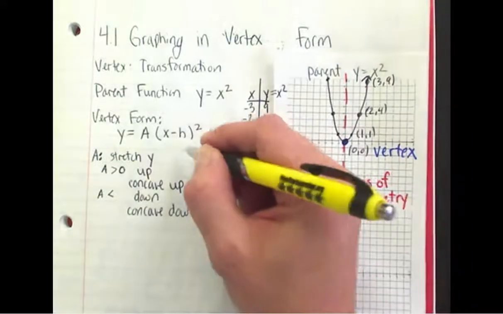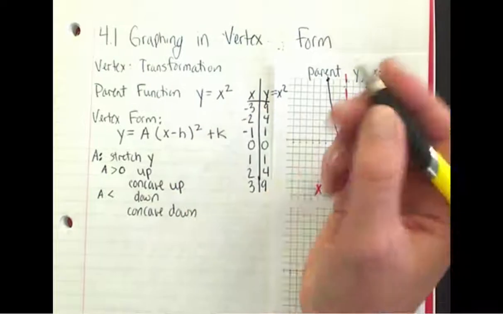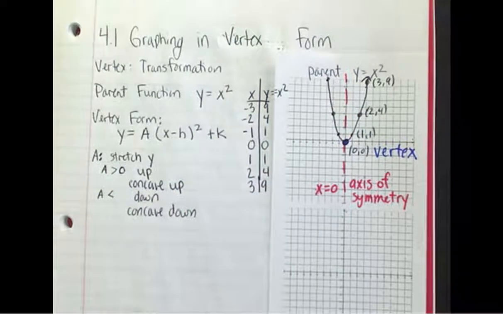All right, H. What does H do to my graph? What did it do with absolute value and for our transformations from the last unit? Yep, right and left. Same thing, guys. It's going to become pretty tedious. A, H, and K, same thing all year.